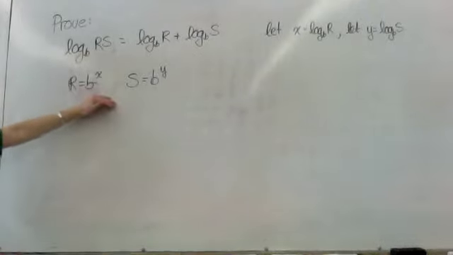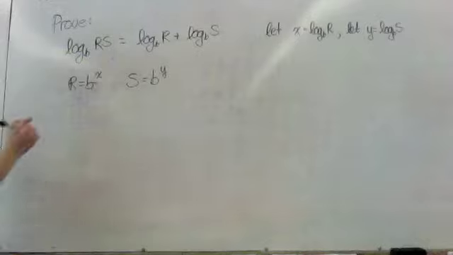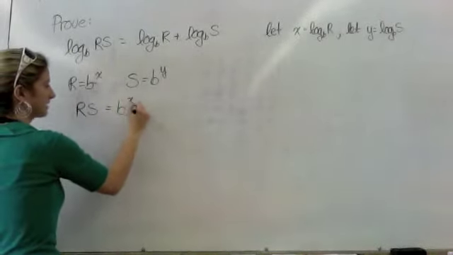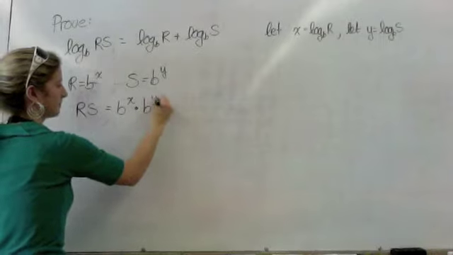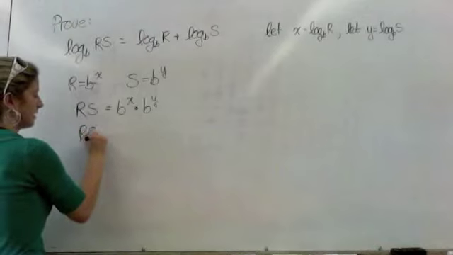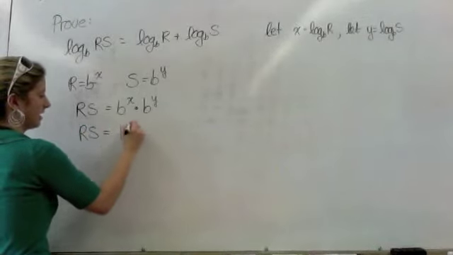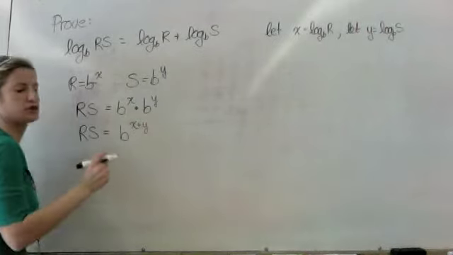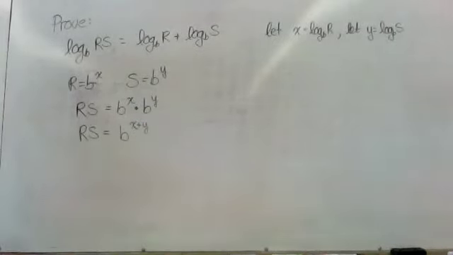So given that information, do you agree that r times s is going to equal b to the x times b to the y? Yeah? Okay, so then rs equals b to the what? x plus y. Because remember, when the bases are the same, you add the exponents.